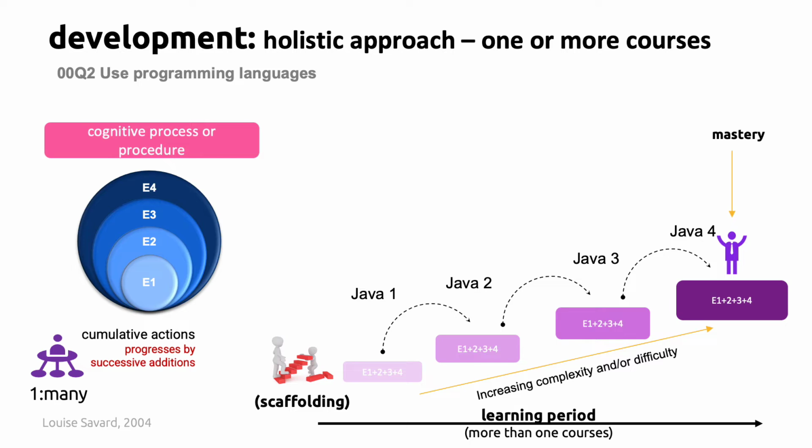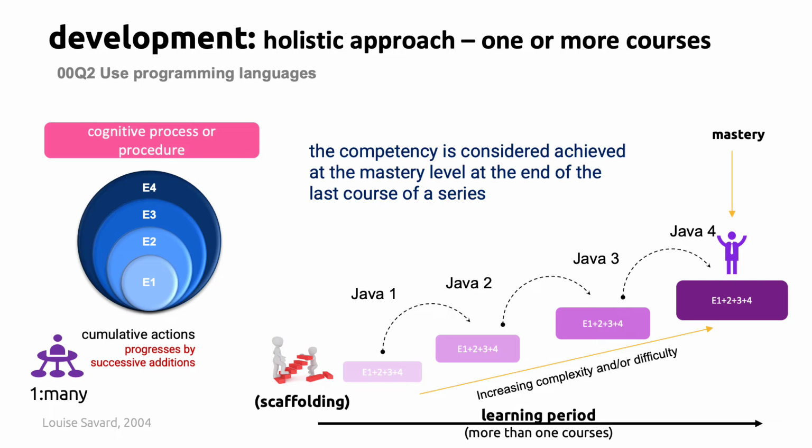In this model, the first 3 courses can establish introductory, intermediate, and advanced level criteria for judging the progress of students. But the competency is considered achieved at the mastery level at the end of the last course of this series of courses. And the evaluation will measure the achievement of the objectives at the level described by the performance criteria.